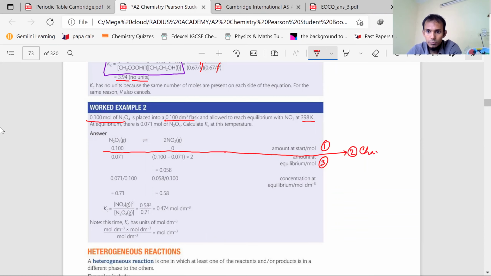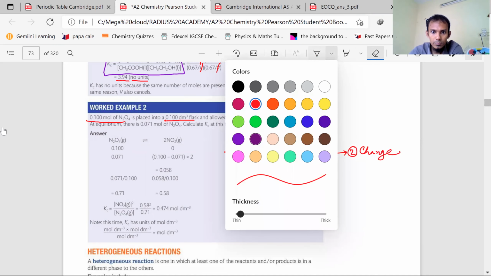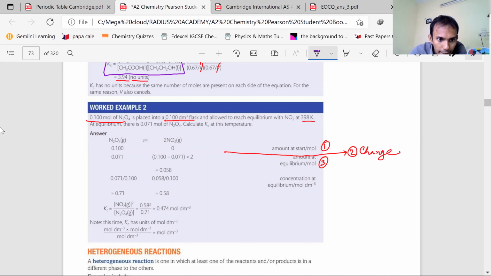What is the change? 0.1 and 0.071, can you please deduct? Sir, 0.029. Okay, 0.029, so negative 0.029, and this is the change.